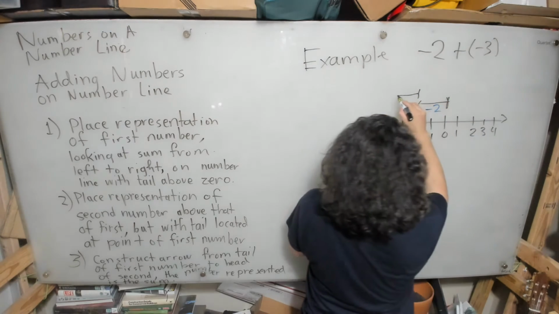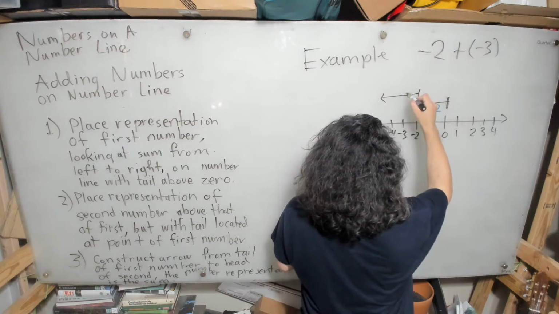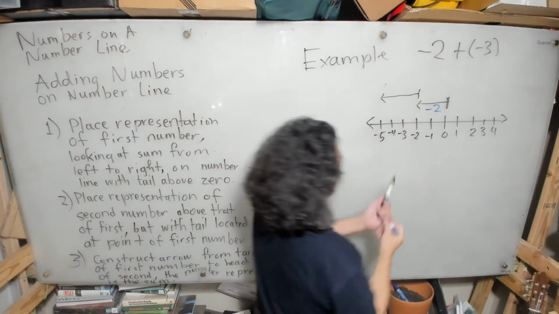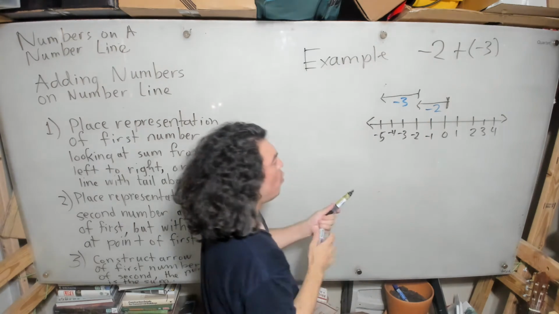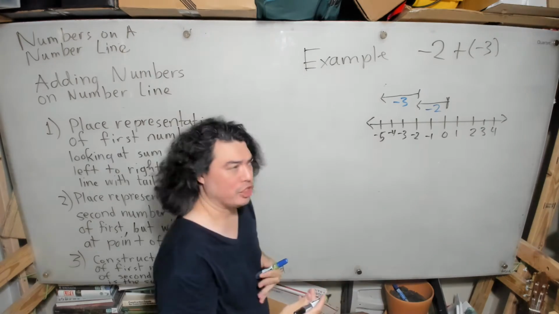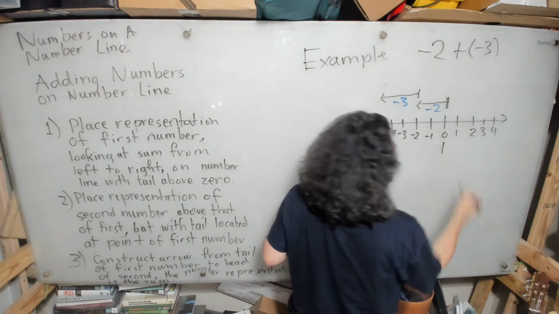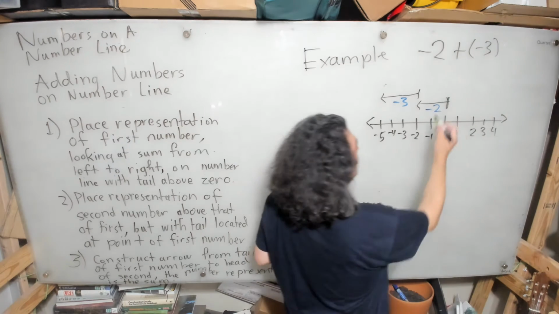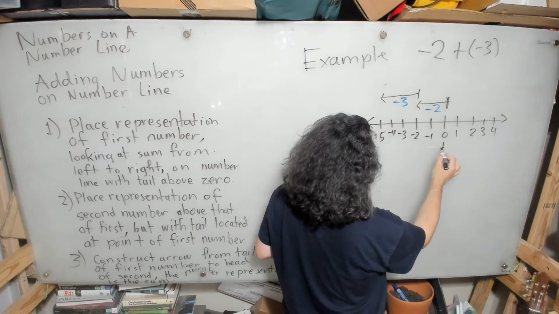And we're going 1, 2, 3 to the left, right? So 1, 2, 3, right? So this arrow represents -3. And then what is the sum? We first draw the arrow that represents the sum by placing the tail of it exactly where the tail of the first arrow was, which was at the 0, and by placing the head of the arrow, or the point of the arrow, where the point of the second arrow ended up.